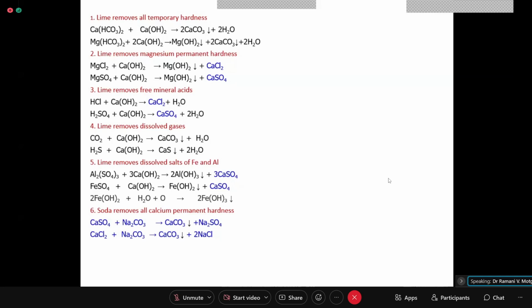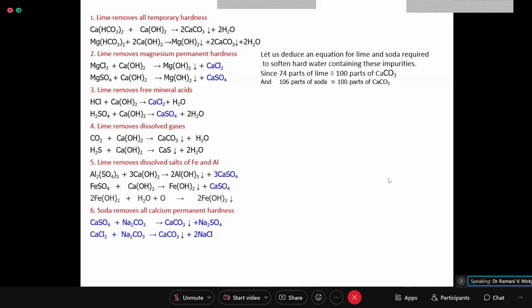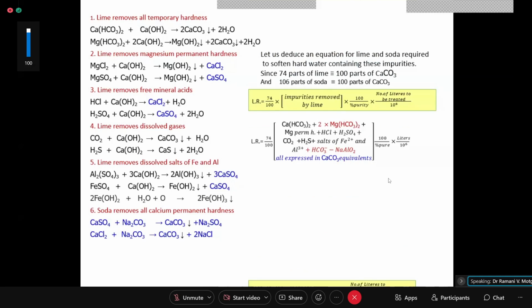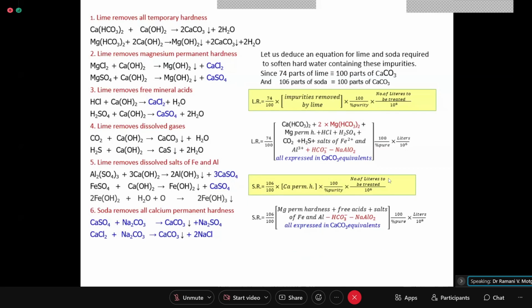So we are yet to go to the zeolite ion exchange process. We are still at the lime soda process, and we saw these six reactions and how the equation is derived for lime required and soda required. Okay, then if the analysis is given in certain ions, like bicarbonate, bicarbonate has to be added in lime required and deducted from soda required, and sodium aluminate is deducted from both lime and soda required.